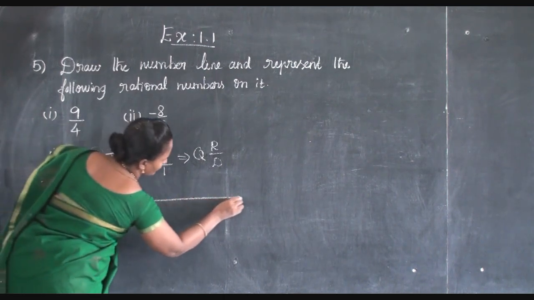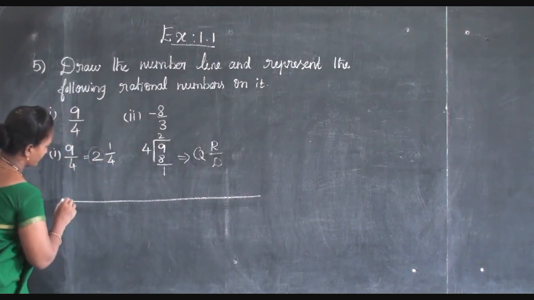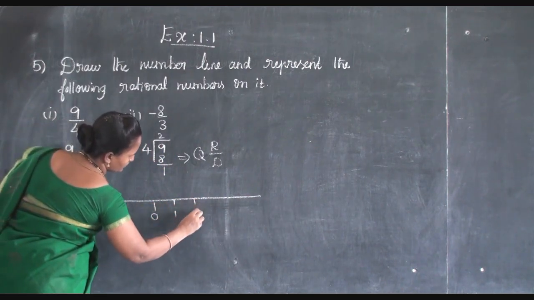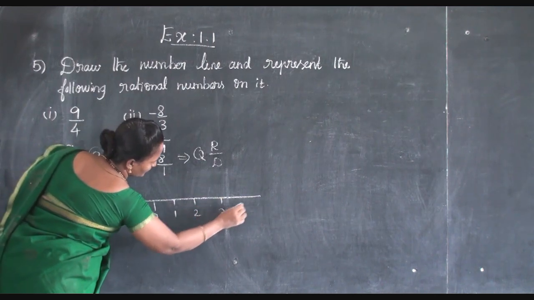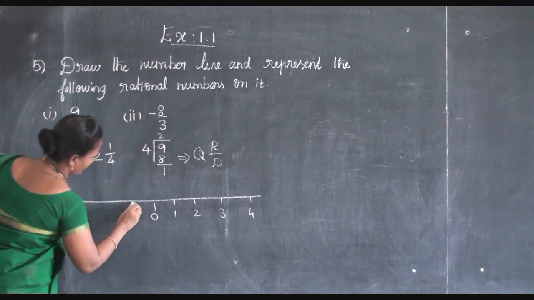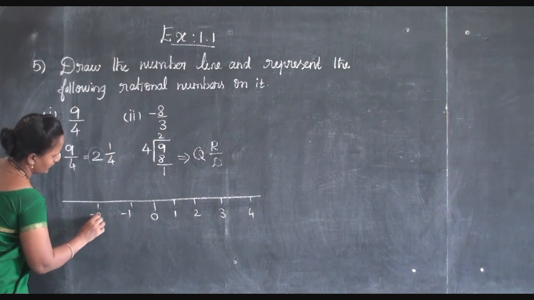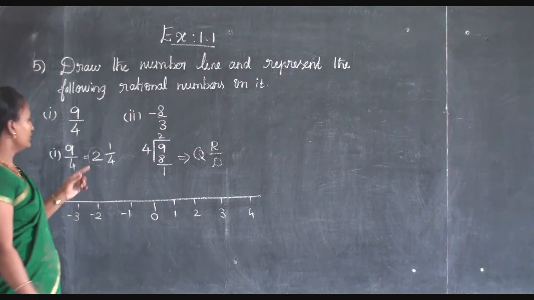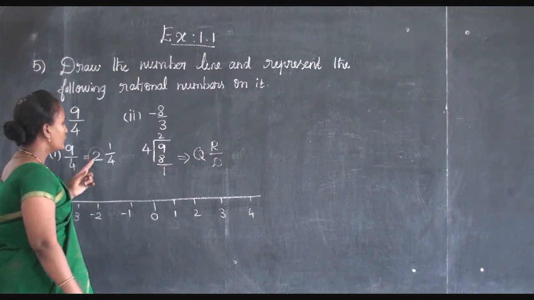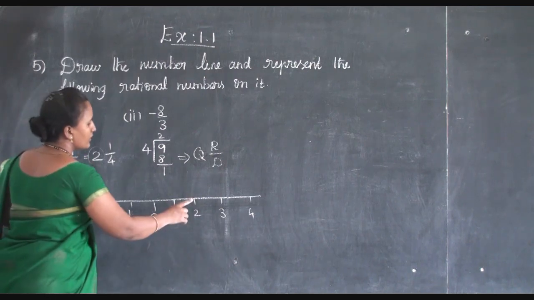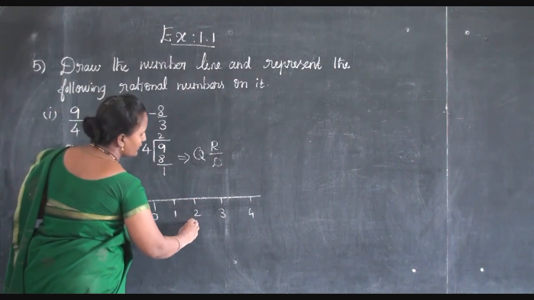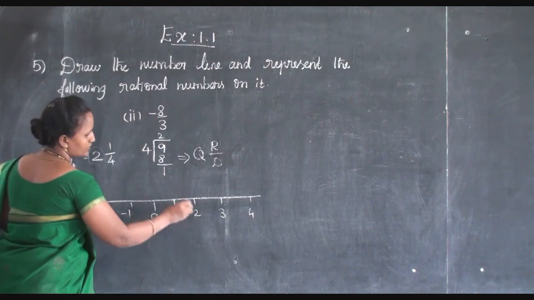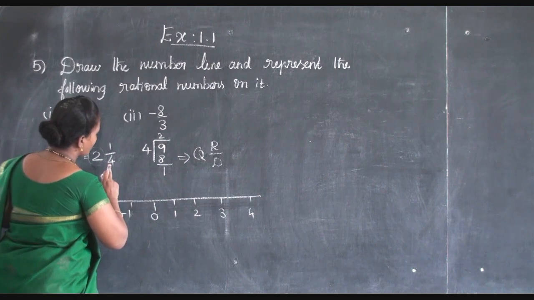First we draw the line and number line. Whole number means 2 is the whole number means the number lies in between 2 and 3.